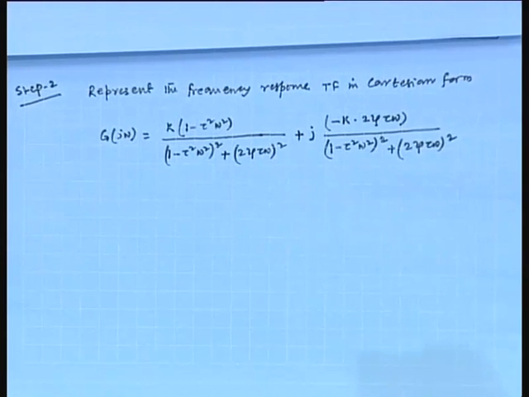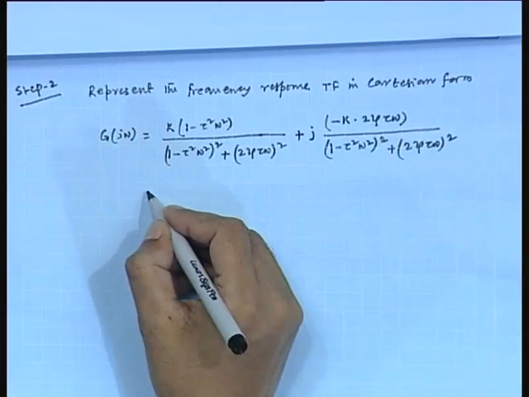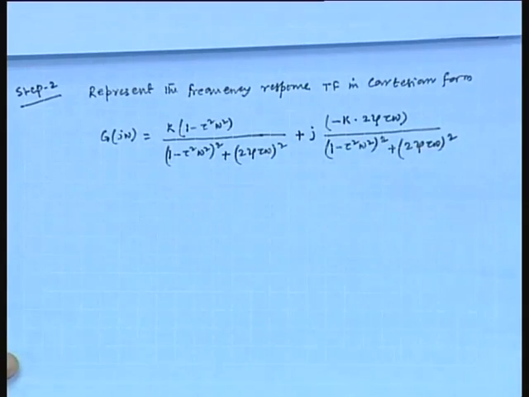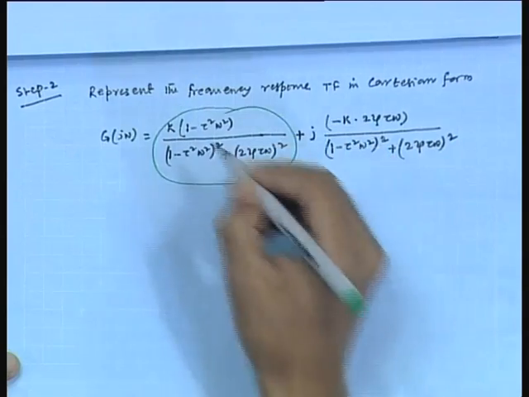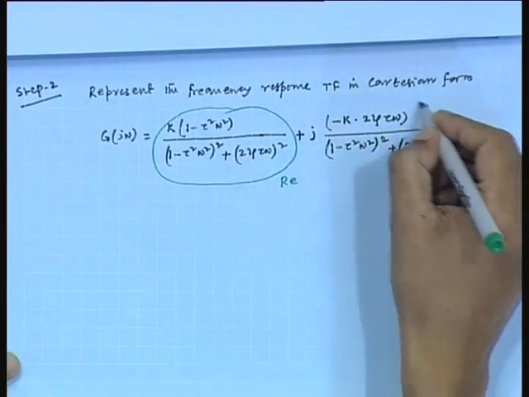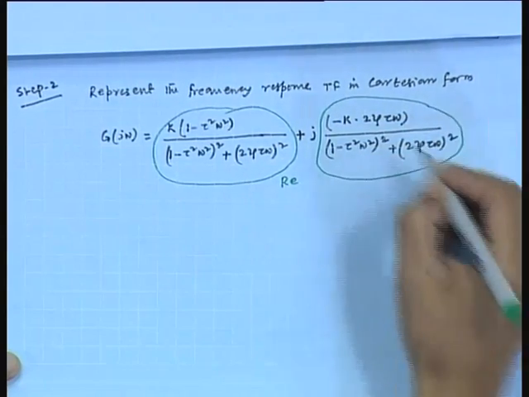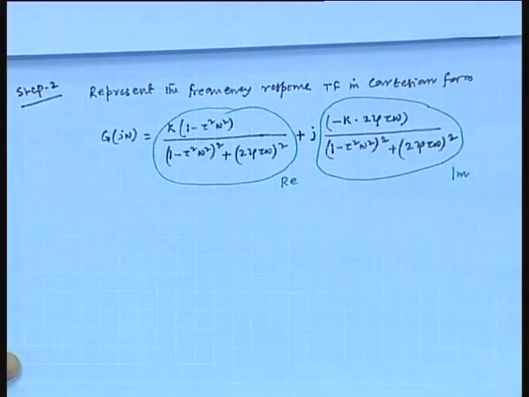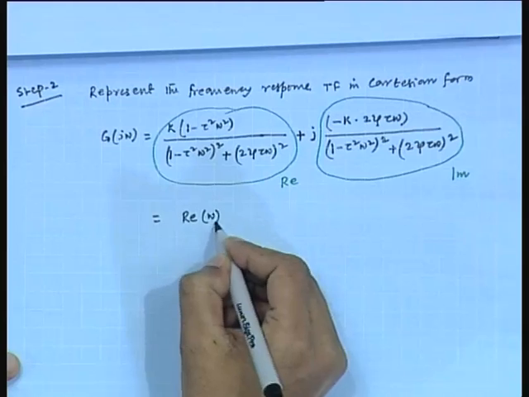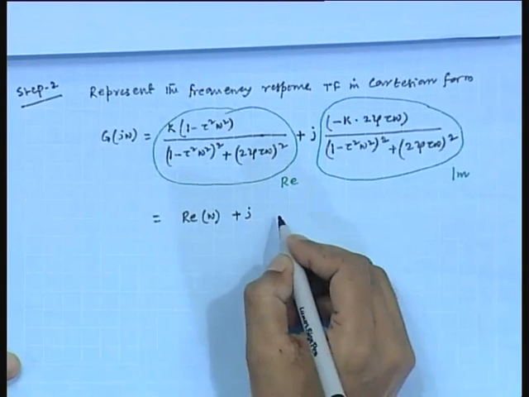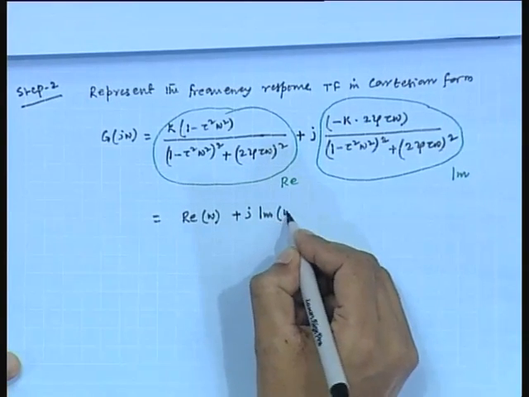Fine. We have written this frequency response transfer function as a combination of real and imaginary parts. So, it is obvious that this part is the real part and this part is the imaginary part: real part plus j imaginary part.